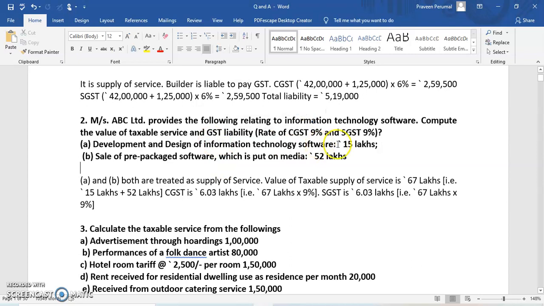Now, development and design is 15 lakh. Is it subject to GST? Yes. Now, sale of prepackaged software is 52 lakh. Is it subject to GST? Yes. Now, 52 plus 15 is 67 lakh. On 67 lakh, apply 18%. So, you get CGST 6.03 lakh and SGST 6.03 lakh.